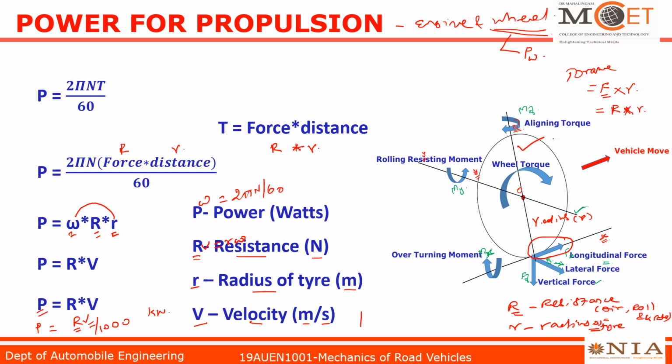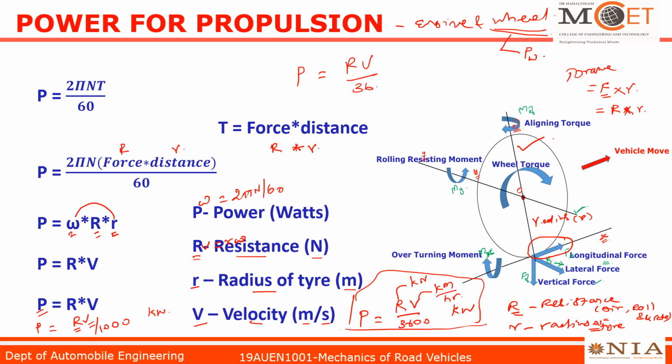If you want to apply the resistance in kilonewton and vehicle velocity in kilometer per hour, we make it RV by 3600, which gives the value in kilowatt. In all the books you can find power required to propel the vehicle is equal to RV by 3600, which gives the value in kilowatt.